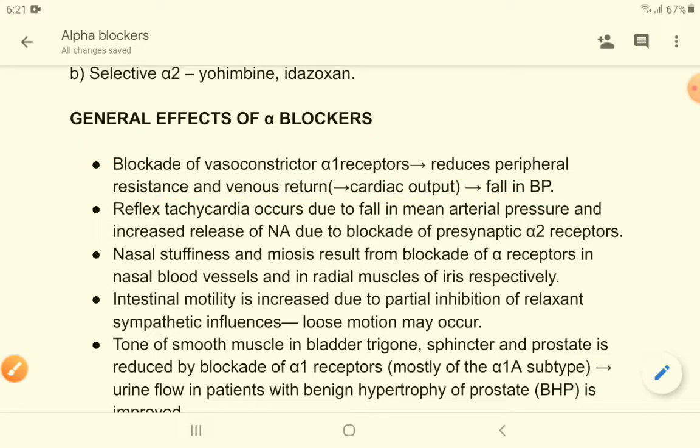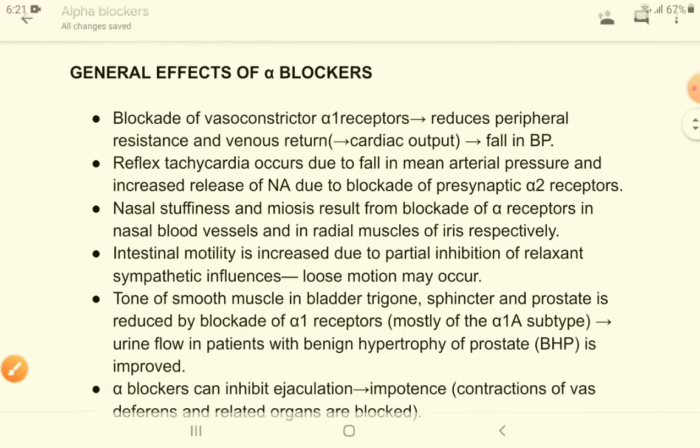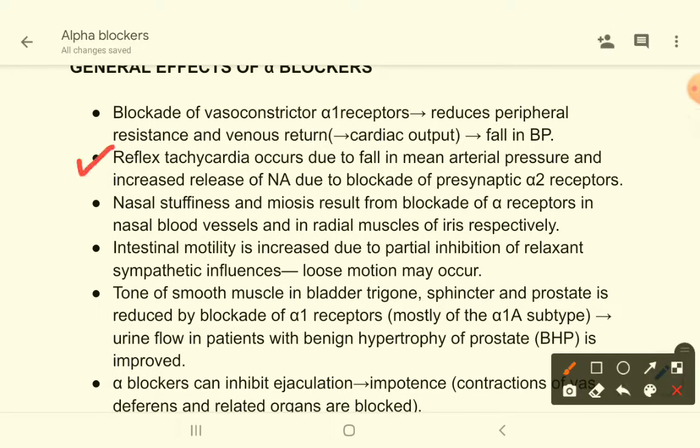And that may cause reflex tachycardia. As you know, when there is a fall in blood pressure, there tends to be reflex tachycardia. Why? Because of the fall in mean arterial pressure and increased release of noradrenaline or norepinephrine due to blockage of presynaptic alpha 2 receptors.